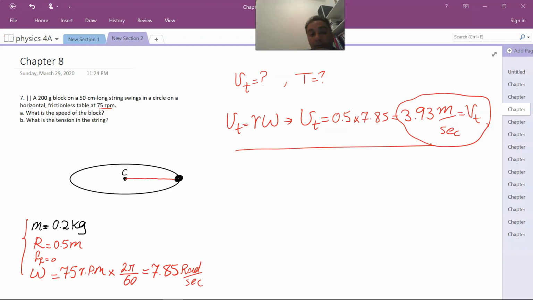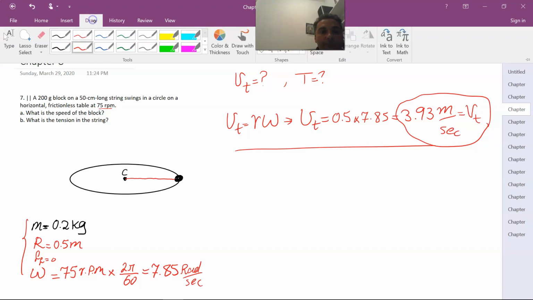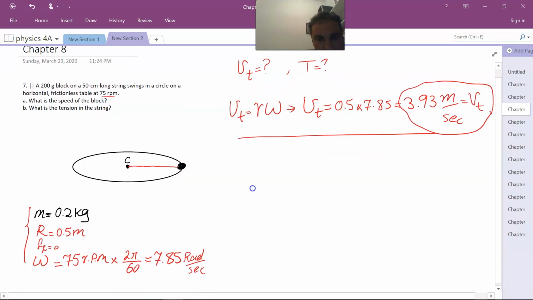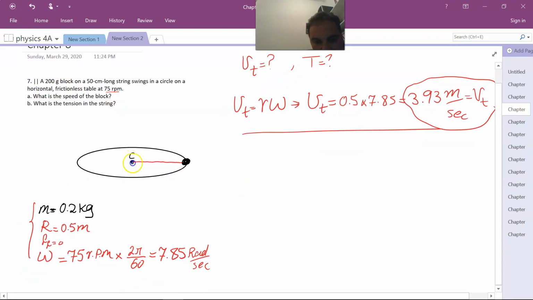Then they want you also to find the tension. Okay, pay attention. Guys, this red one is a string. So here is your hanging point. Remember, tension is always toward the hanged point. So this is my radial axis, and T is on the circle. This is the Z axis.